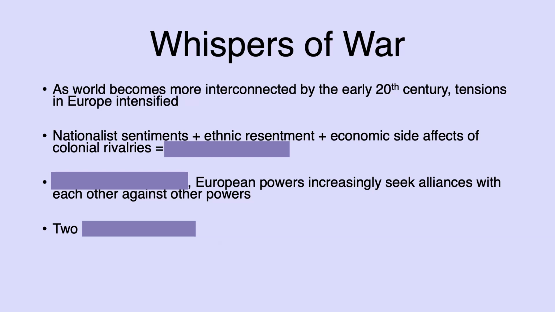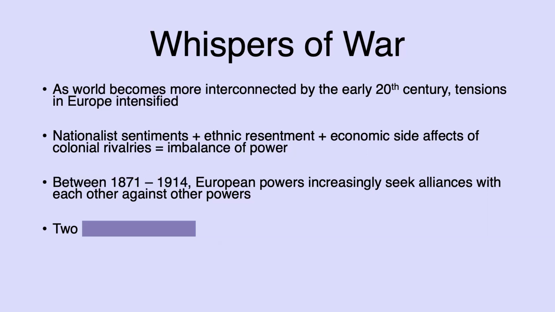There are national sentiments, there are ethnic resentments, and there are economic side effects of colonial rivalries that result in the imbalance of power. So between 1871 and 1914, European powers are increasingly trying to find alliances with each other to maintain a level of stability against their allies, their enemies, other powers in Europe.